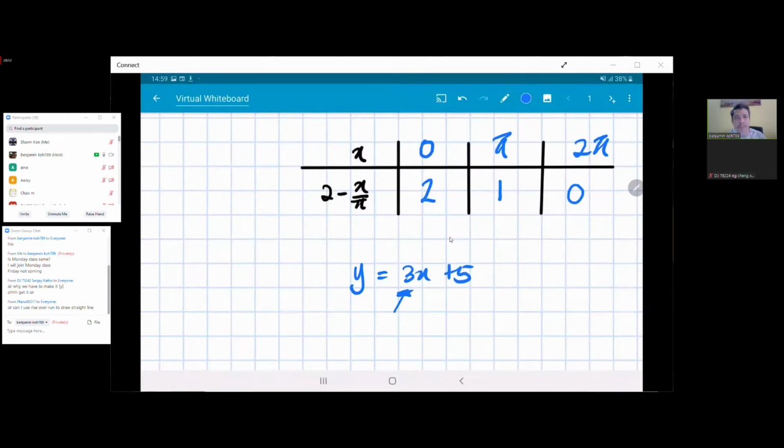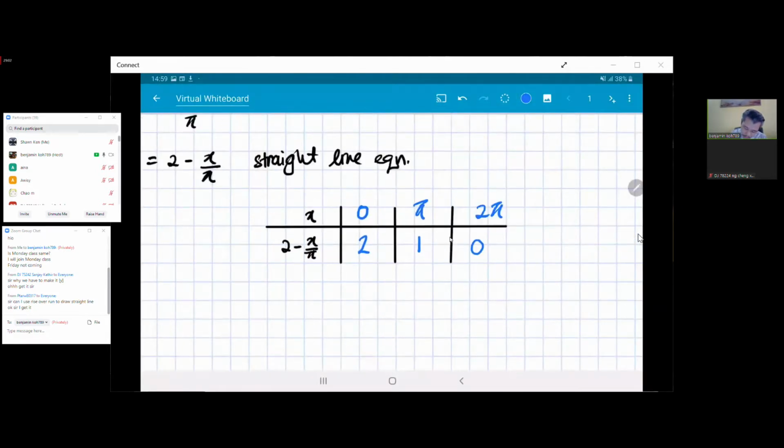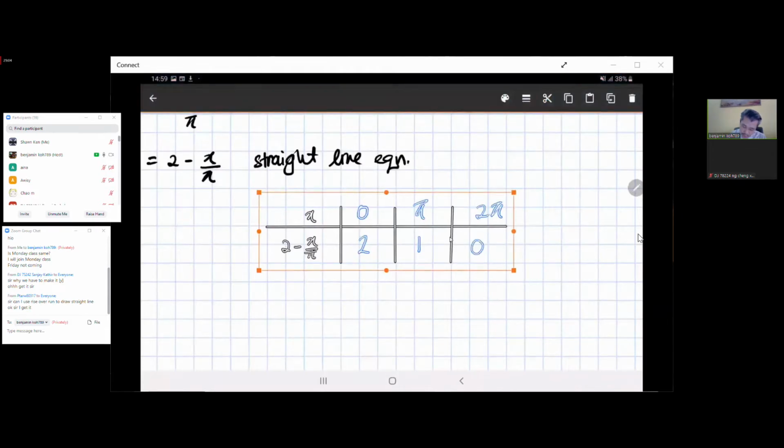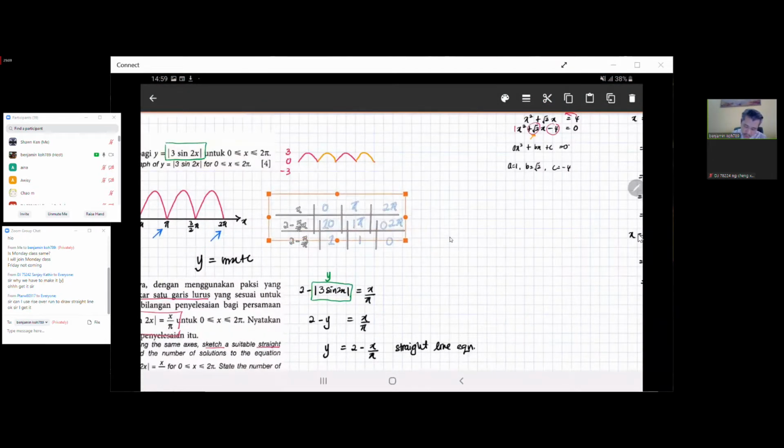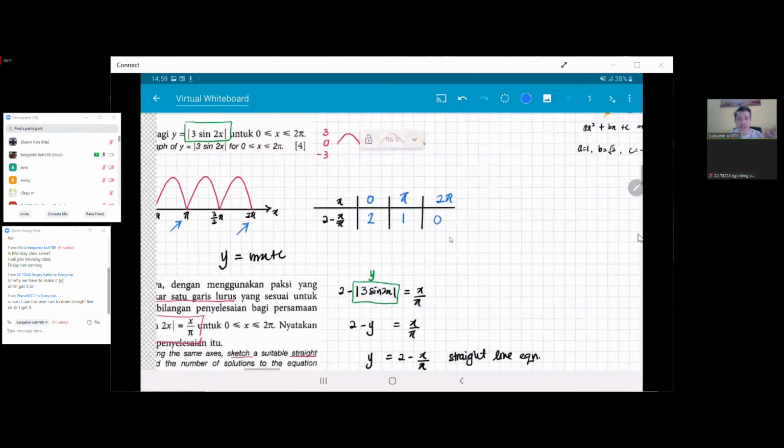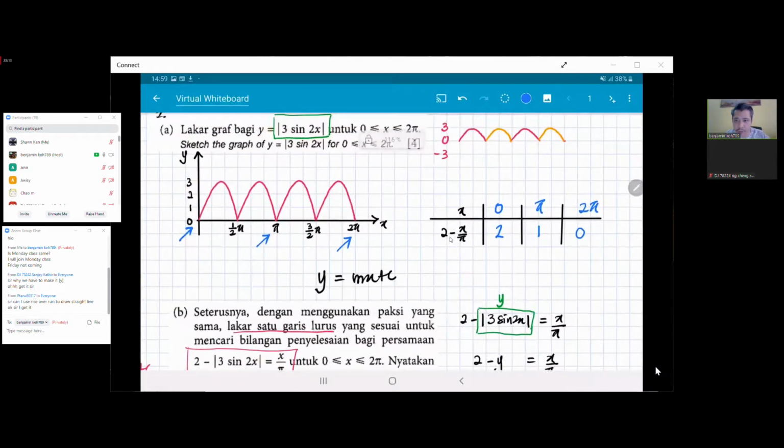Okay, all right. So now using this table, I'm going to draw my straight line. I'm going to bring this table here because when you draw your line, you have to draw on the same graph, pada paksi yang sama, the same axis.